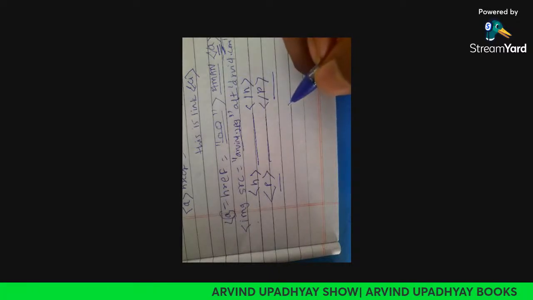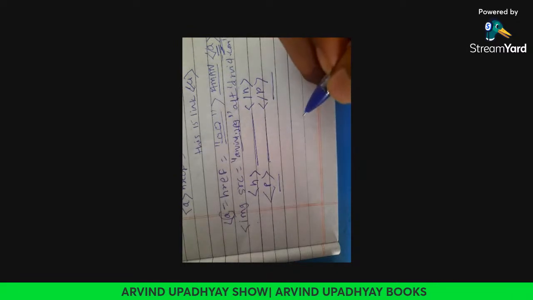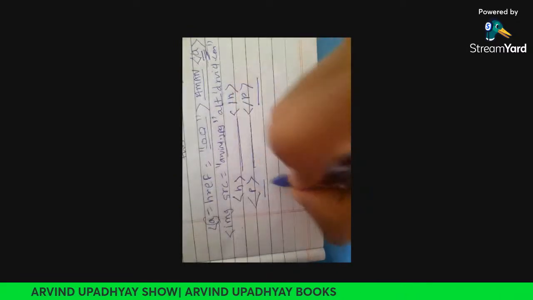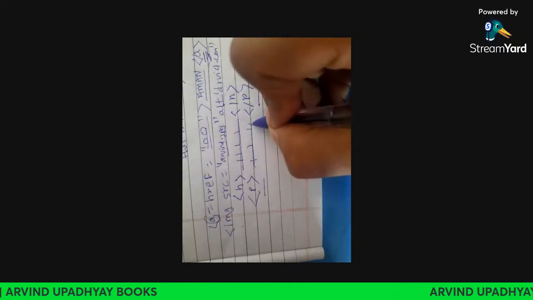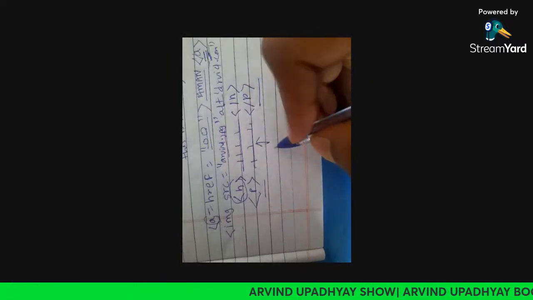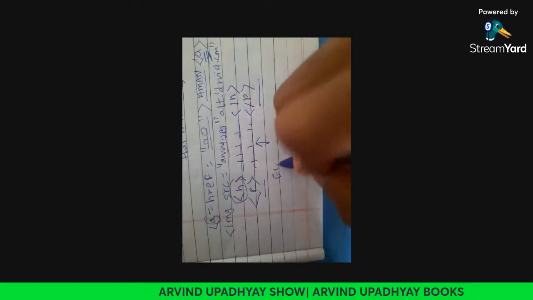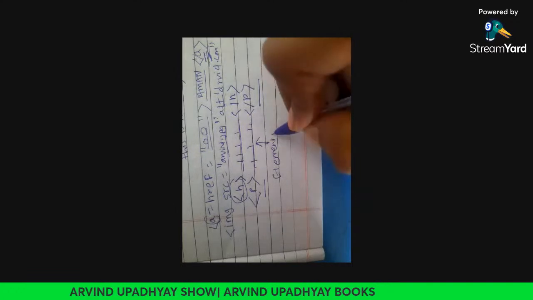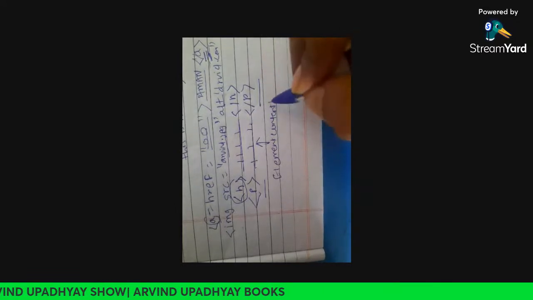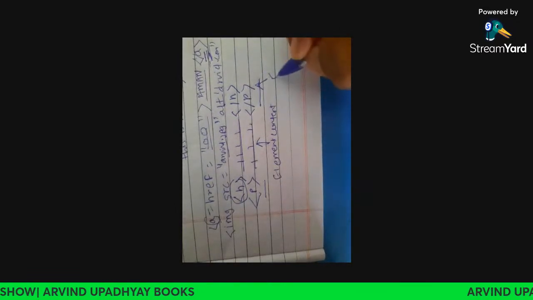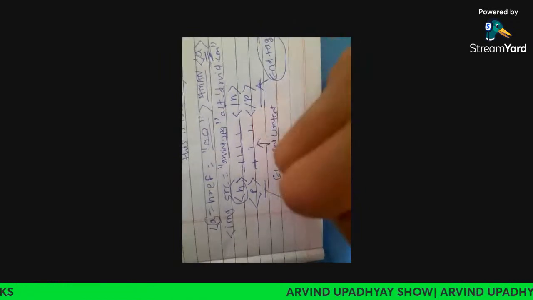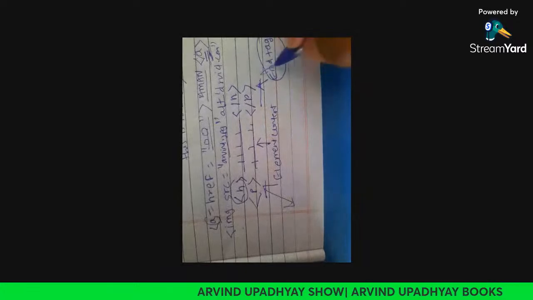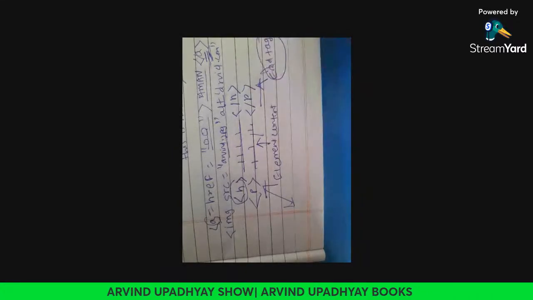So this one is your start tag, this is your element content, and this is your end tag. Start tag, end tag, and this whole thing is your element.